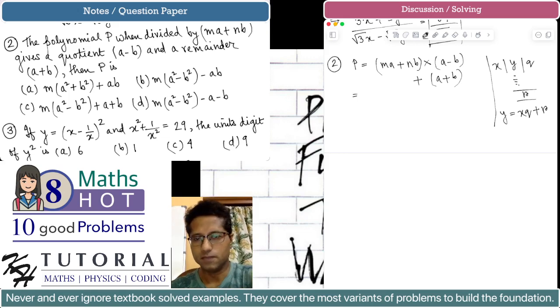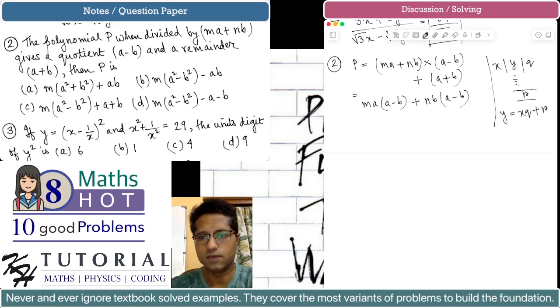So ma plus nb multiplied by a minus b, using the distributive law of multiplication over addition, we get ma into a minus b plus nb into a minus b, and we have a plus b.